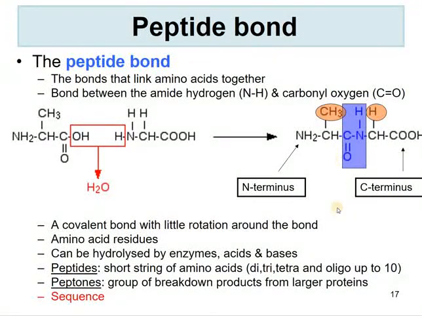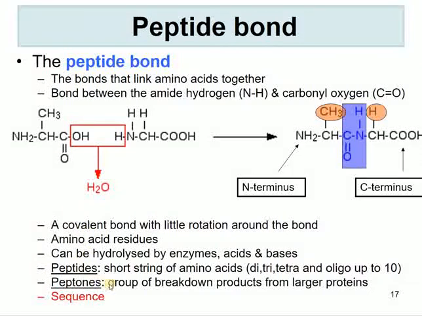So once the amino acids are joined by peptide bonds to form whatever polymer, they are known as amino acid residues. And that peptide bond is very strong, due to the fact that it's a covalent bond with little rotation around it. So it's not easy to break down, but in food science we find ways of breaking down things, don't we?